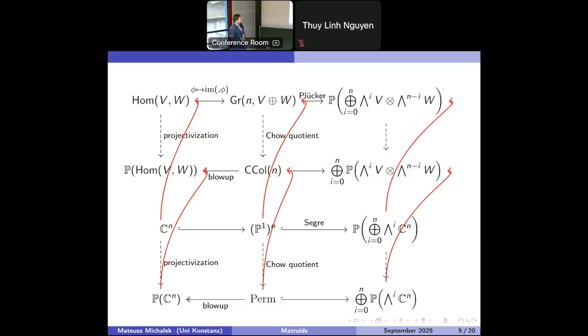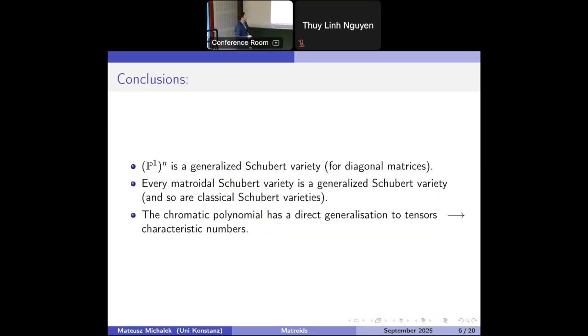And then we were intersecting it with the first and last hyperplane here to get the coefficients of the chromatic polynomial. Well, you can do the same for a tensor. You will have a linear space here, you intersect it with a first or last linear space here, and you will get some meaningful coefficients, invariants of a tensor. New integral invariants of a tensor that I personally find very interesting.